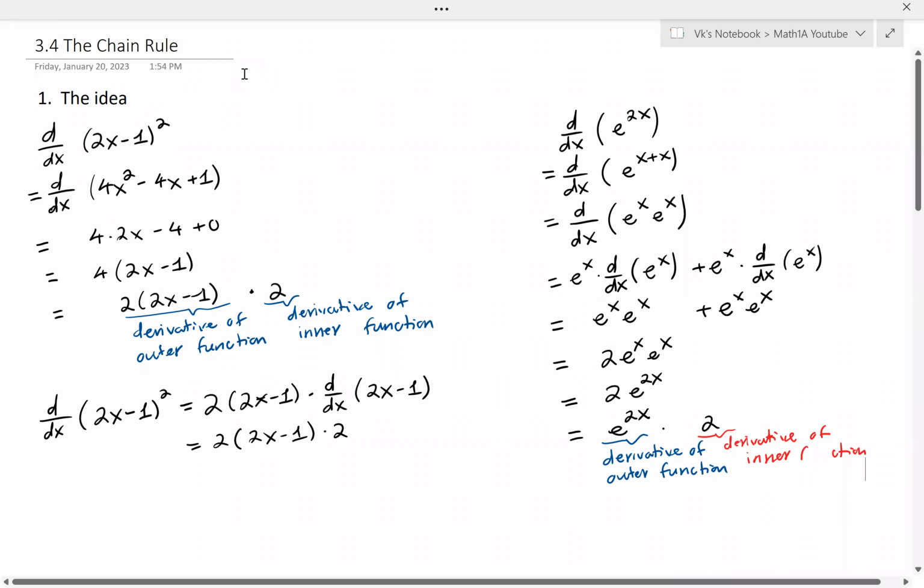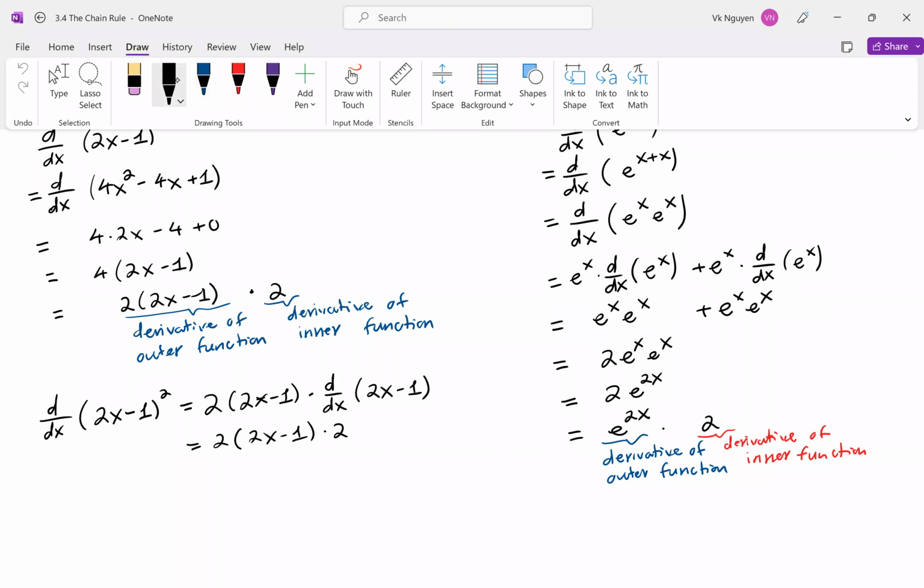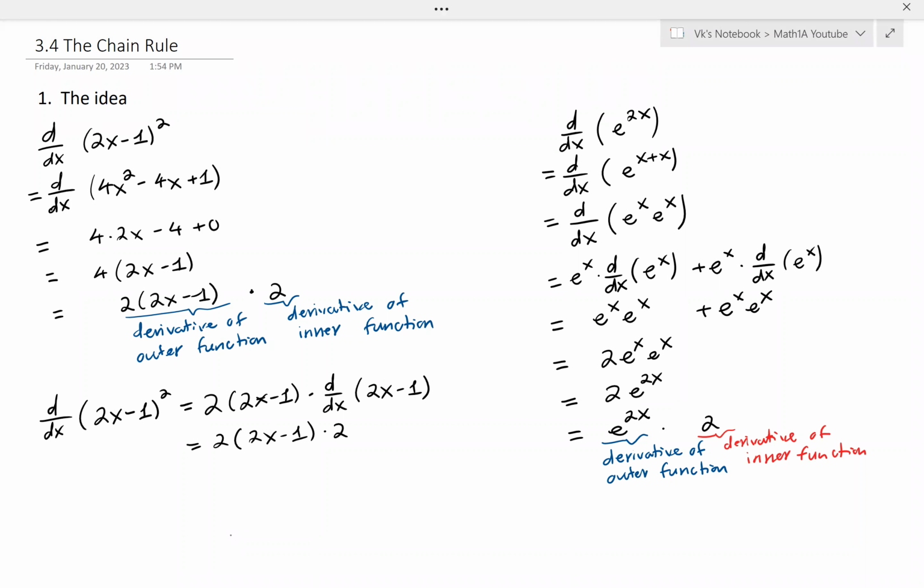That is the derivative of 2x. Here comes another way to look at this derivative. d over dx of e to the 2x is, well, the derivative of the outer function e to the 2x multiplied by the derivative of the inner function, the derivative of 2x, which is e to the 2x times 2. Wow.